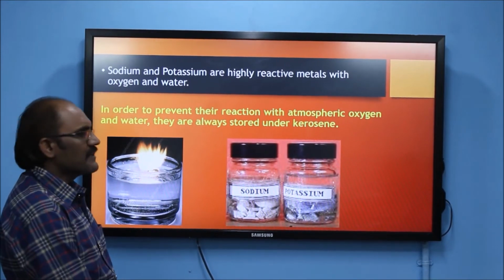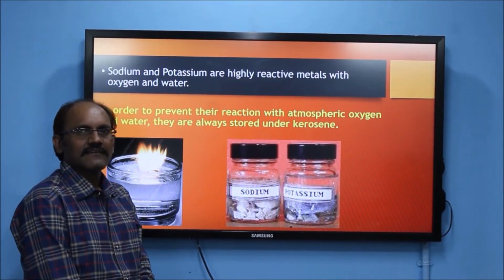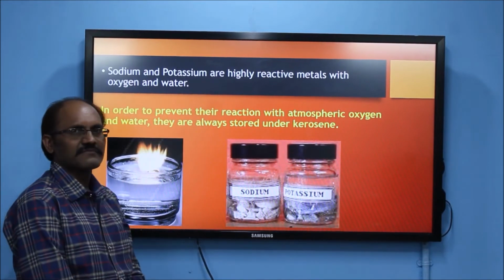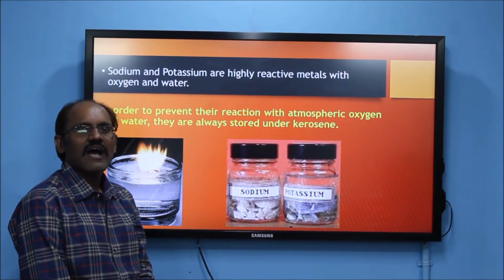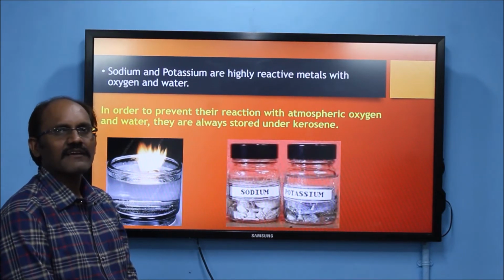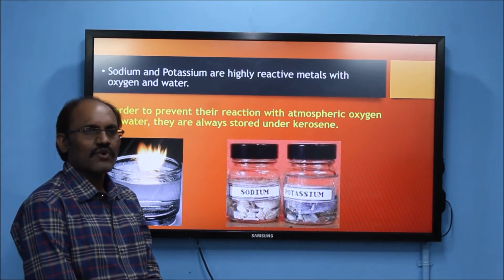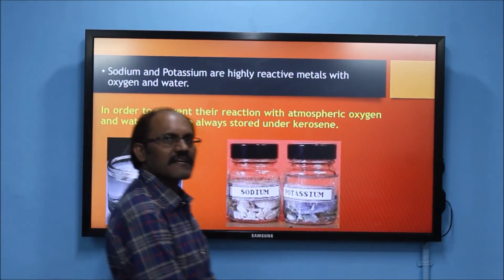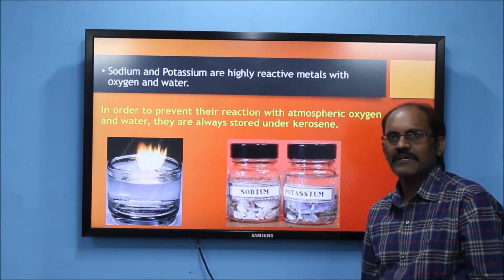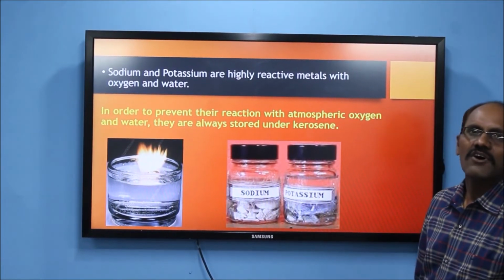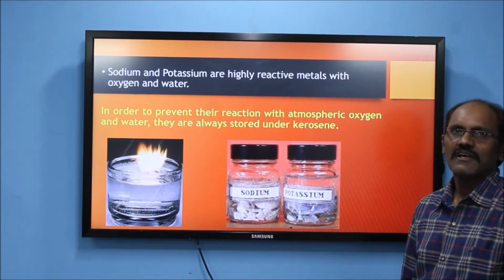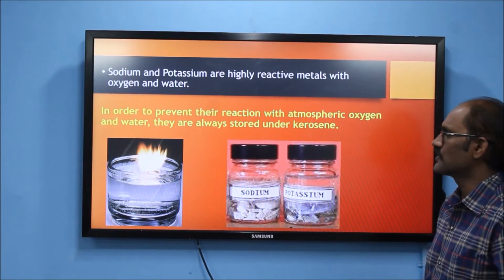Now, another important point is that there are two metals called sodium and potassium. These two metals are highly reactive with oxygen gas in air and water. So, if these two metals are exposed to air or water vapor, they quickly react with oxygen gas or water, and during this reaction, a lot of heat is produced.